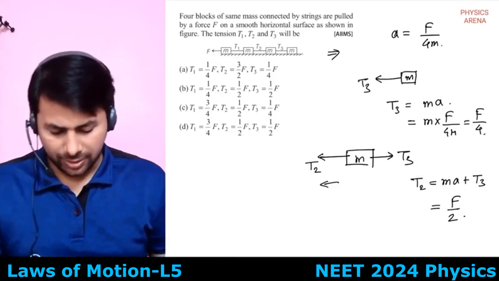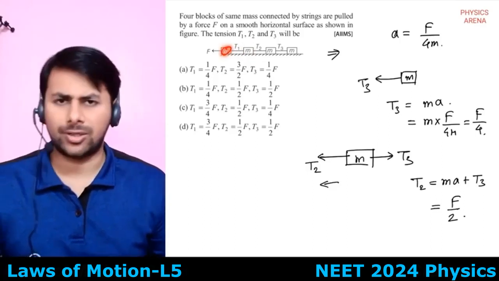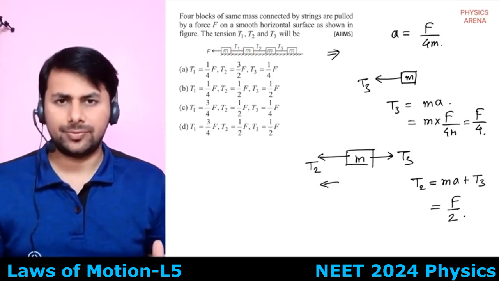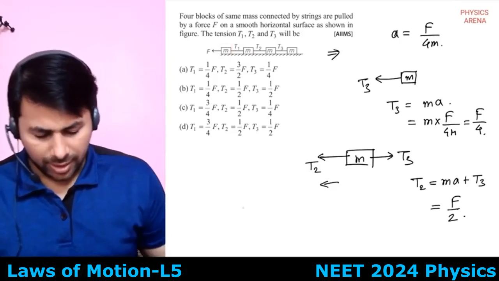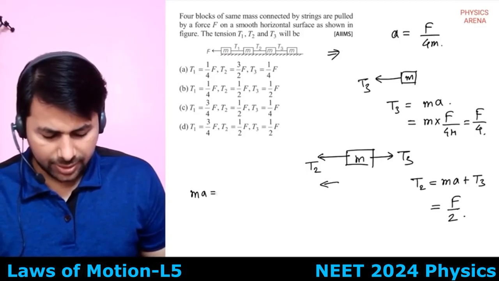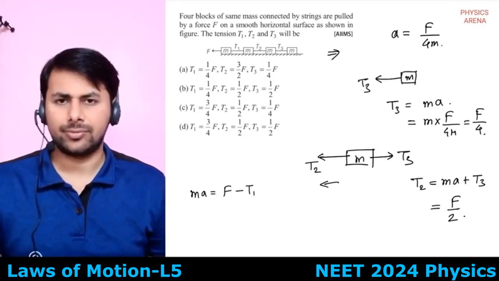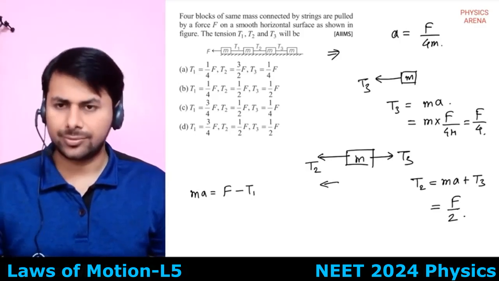To find T1, either we can connect this block or we can connect this block. If we consider this one, then we have m into a is equal to F minus T1, right?